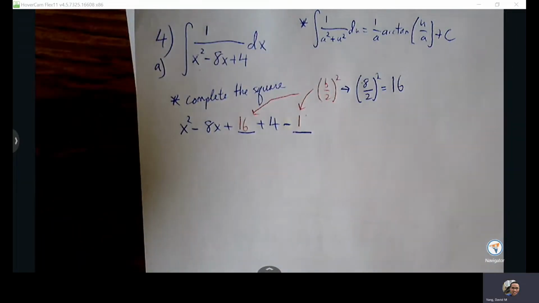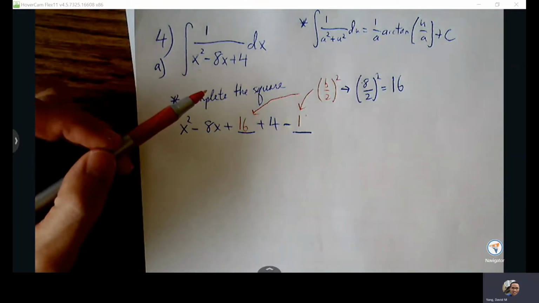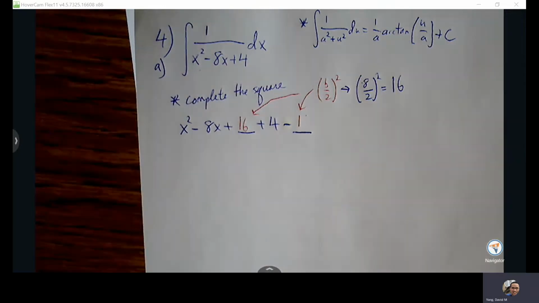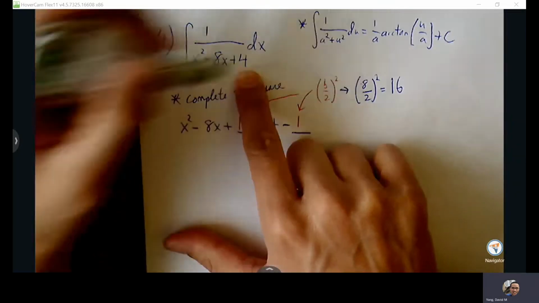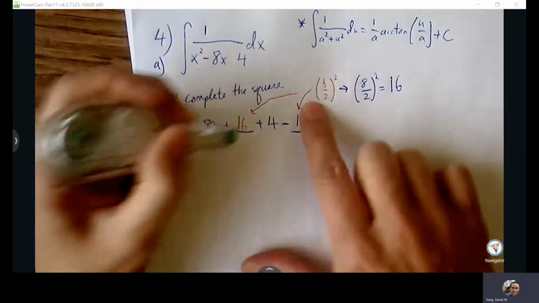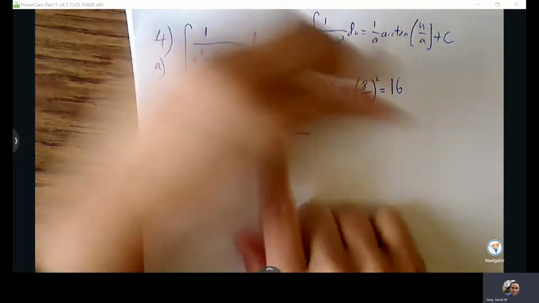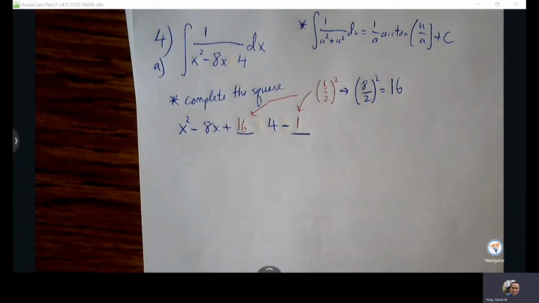Sorry, I messed up on this problem. Okay, let's just make a slight adjustment. If you guys can change this 4 to a 24, plus 24, because we should never be getting a negative after this. So just a slight adjustment here.